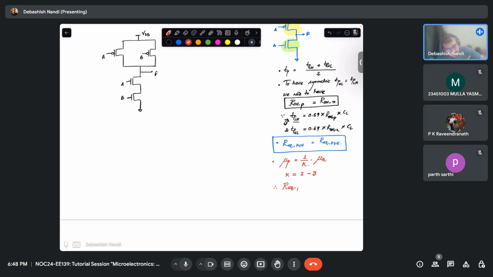R equivalent of PUN should be equal to K times R equivalent of PDN if W by L of PDN and PUN are the same.